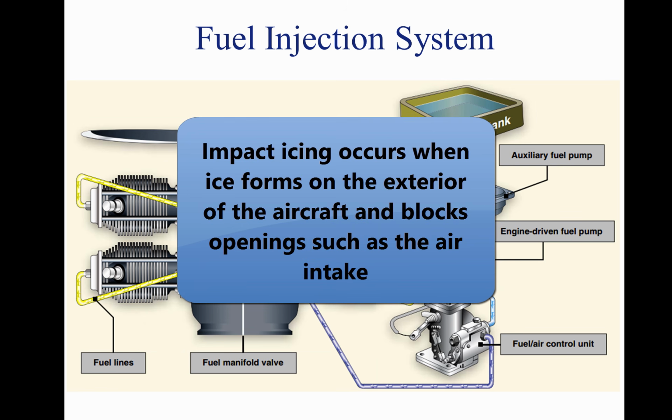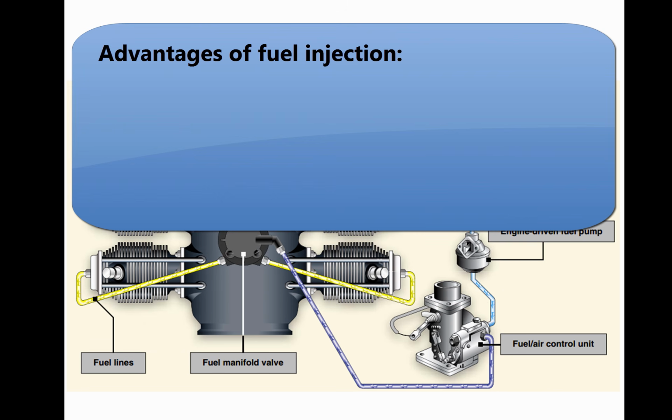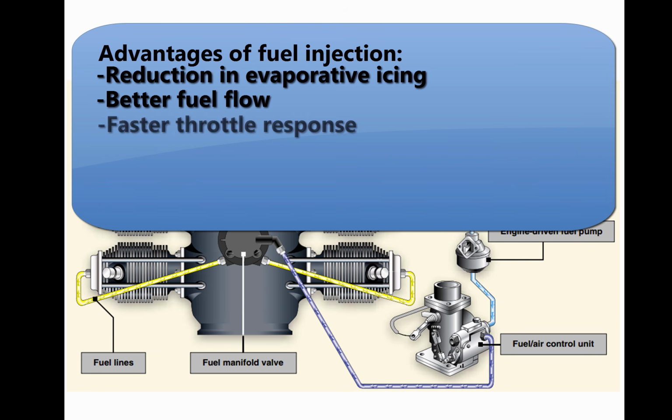Impact icing occurs when ice forms on the exterior of the aircraft and blocks openings such as the air intake for the injection system.